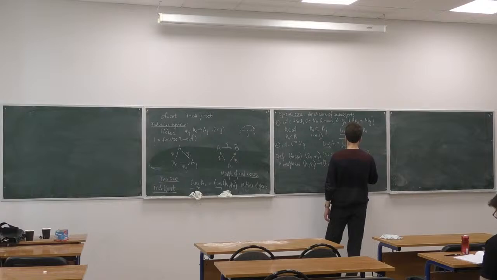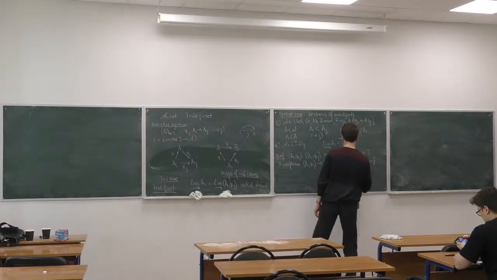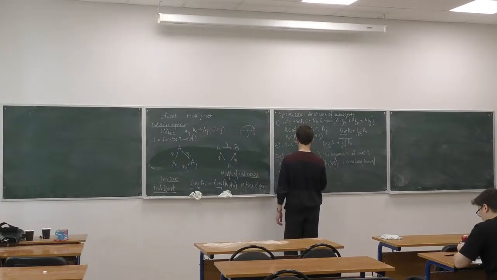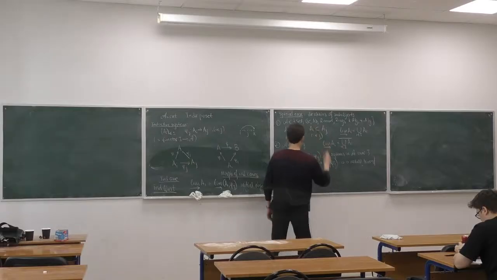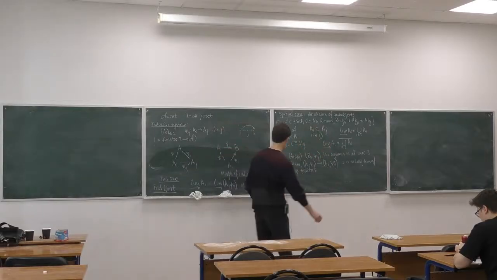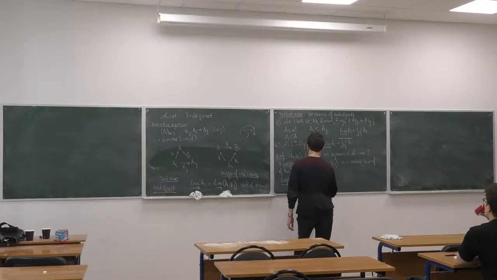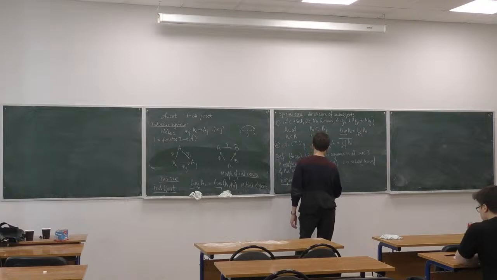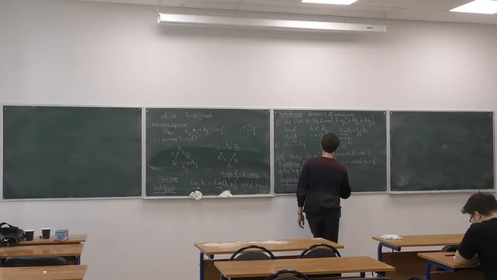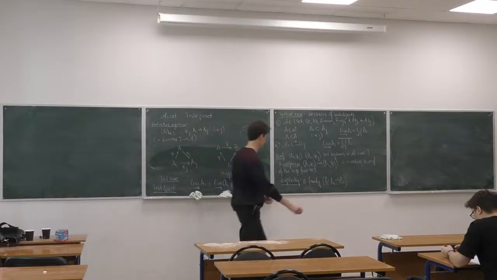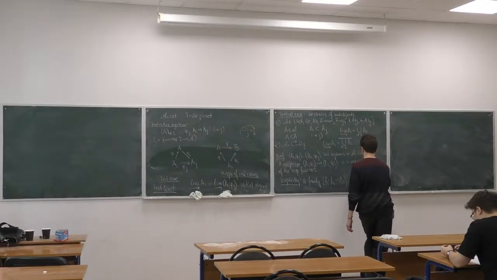So if we look at an inductive system as a functor from I to A, then the morphism is a natural transformation, and explicitly this means that we have a family of morphisms Fi from Ai to Bi, which are compatible with the connecting maps in our inductive systems. That is the following diagram.